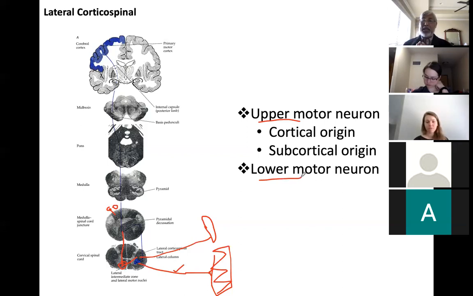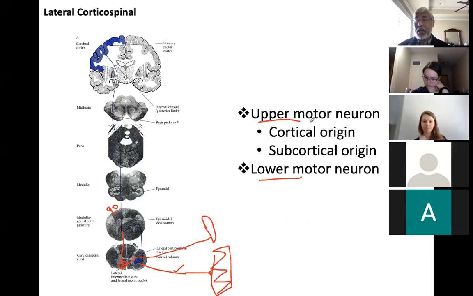Okay, so now, this is a very important concept we have to understand. Even though I am calling the corticospinal tract the upper motor neuron, right? Corticospinal tract is the upper motor neuron, and the nerve that is going from the spinal cord to the muscle is the lower motor neuron, right? Now, upper motor neurons can be of different types.